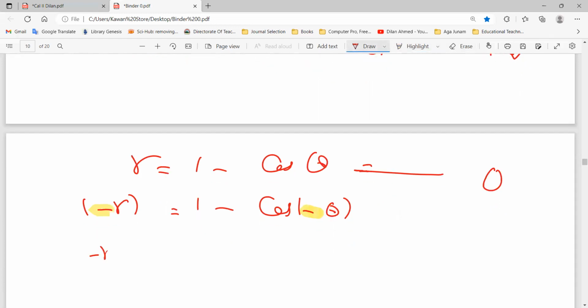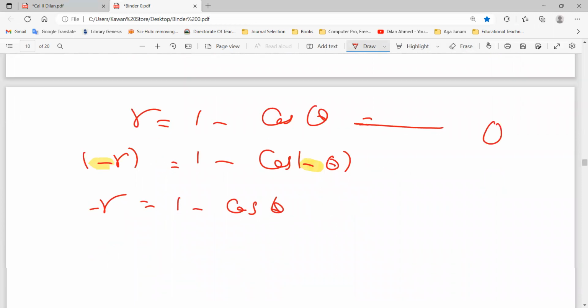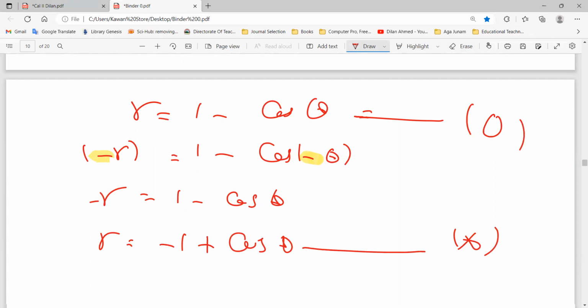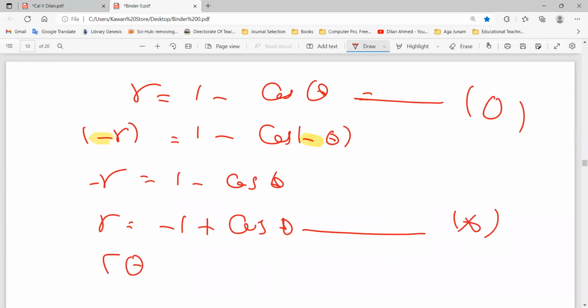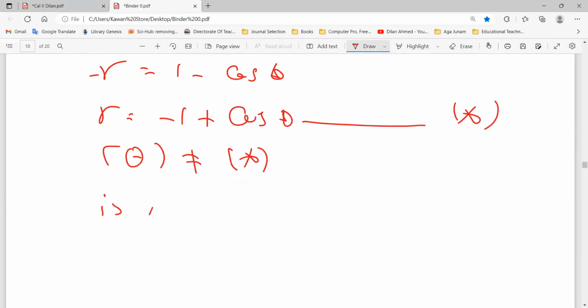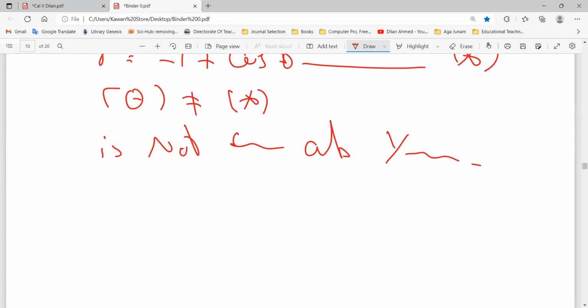So if I say minus r equals 1 minus cosine theta, r will be minus 1 plus cosine theta. Am I right? That one will be my equation. Is the original equation equal to it? No. So it's not symmetric about the y-axis.